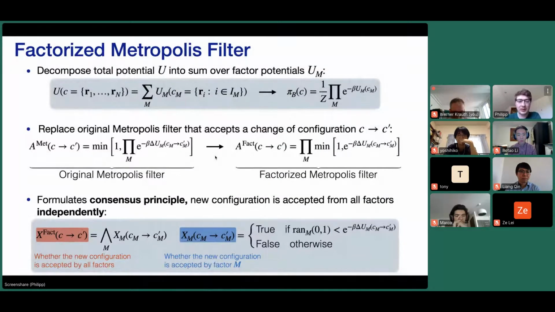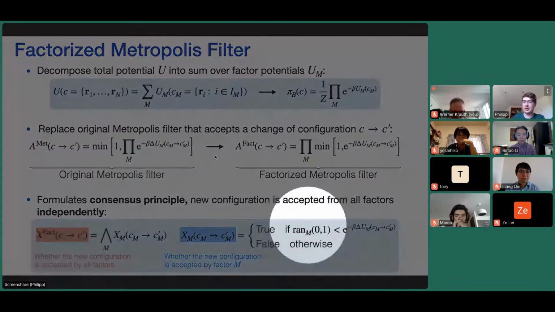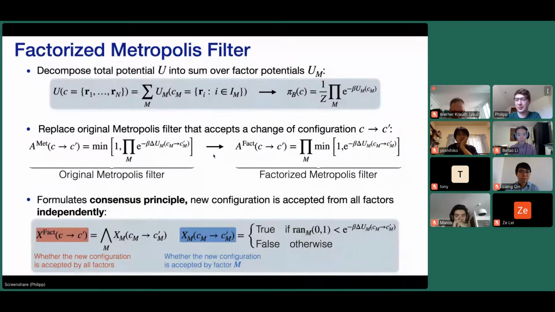We ask each factor, statistically independently, whether the new configuration is accepted by this given factor. And this we can do by checking the acceptance probability of just this factor. And just to repeat, each factor only depends on a very limited subset of our full configuration.